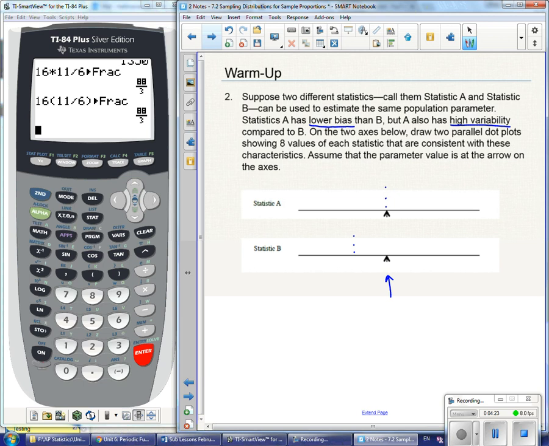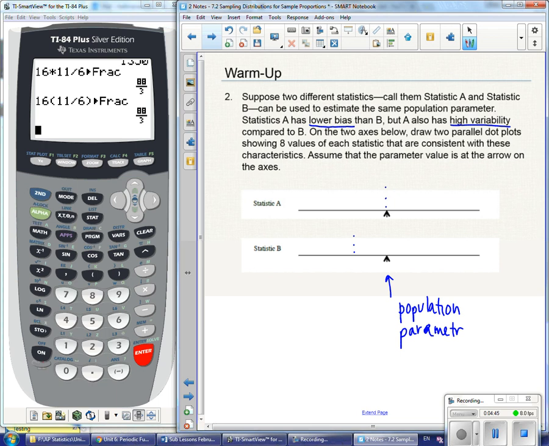So if this is the mean of the population, or let's just call it the population parameter, I'm going to end up drawing 8 dots.